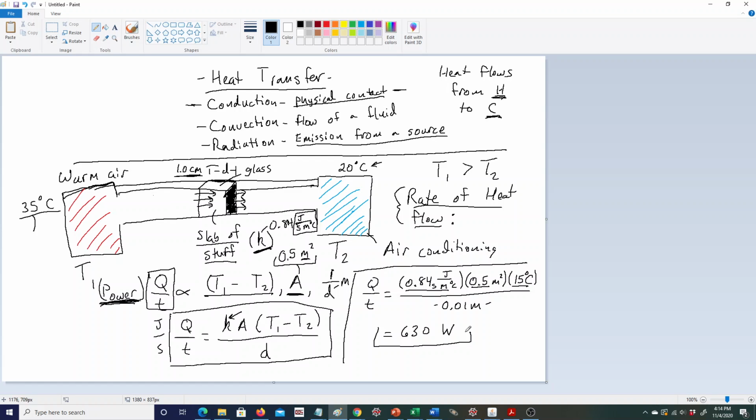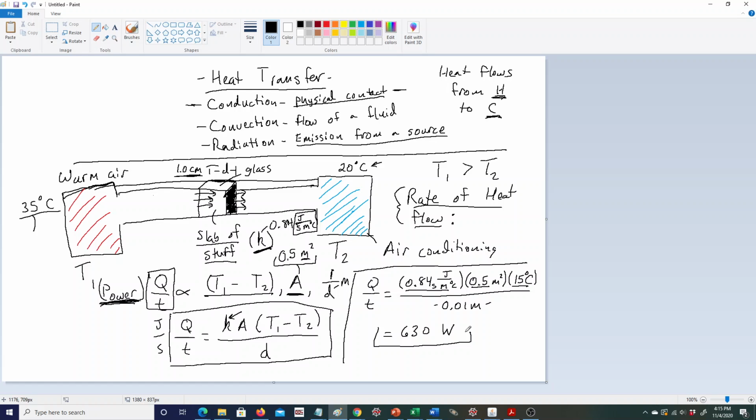Now, 1 centimeter thick glass is a little bit thicker than most home glass. If you're just going to build a house and you're putting in windows, this is now bordering on the thickness of really large glass doors or industrial glass windows. And yet, even still, it has a power of 630 watts, which means 630 joules of thermal energy per second is being transported through the window.